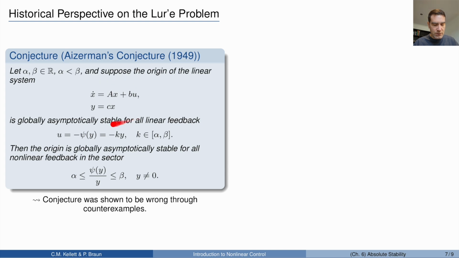So again, looking at our linear system here with a single input, single output, the statement was that if this system is globally asymptotically stable for all linear feedbacks, or feedback that can be written in this way, so for all k in the sector alpha beta, then the system is globally asymptotically stable for all nonlinearities satisfying the sector condition.